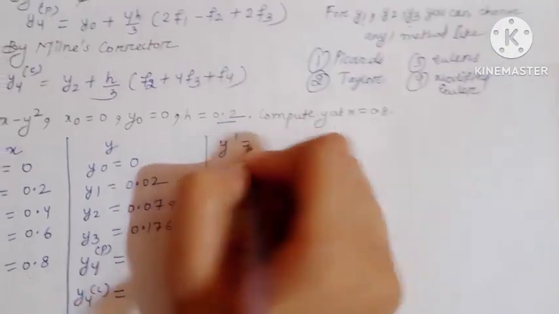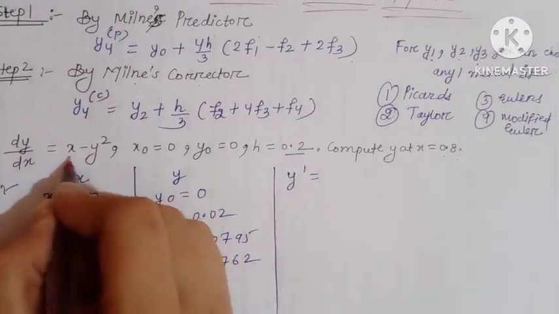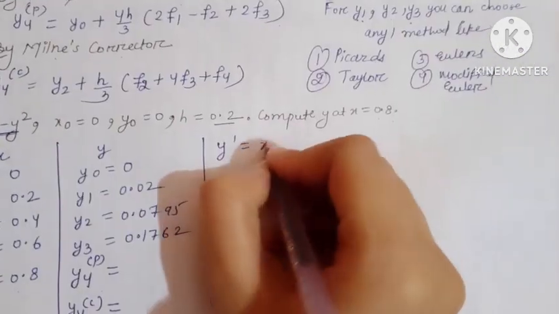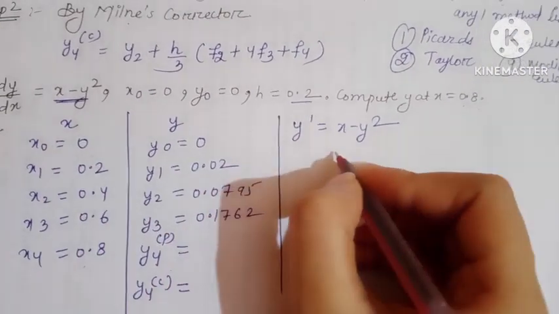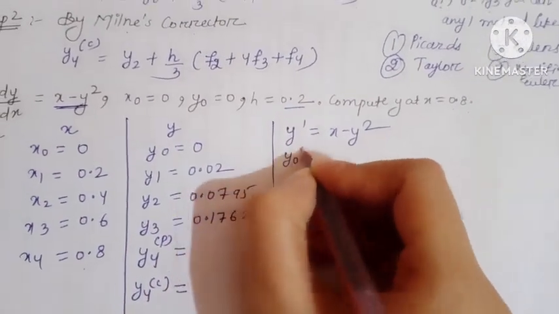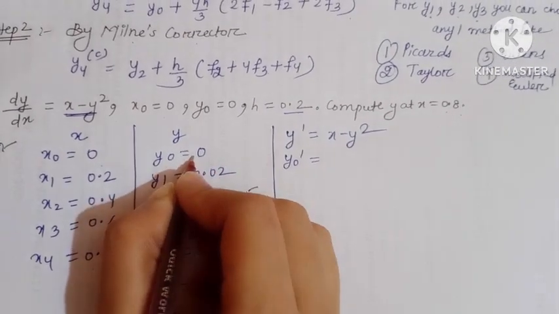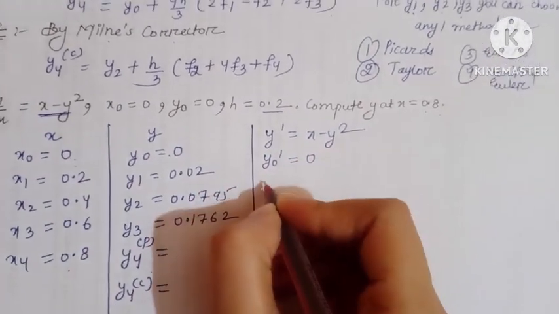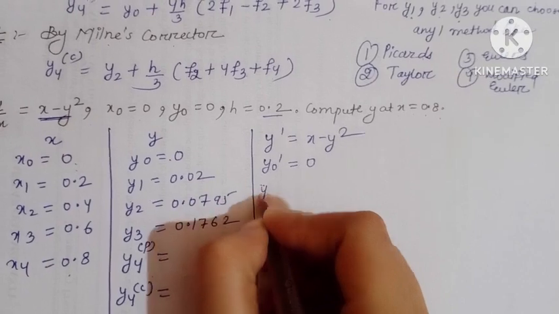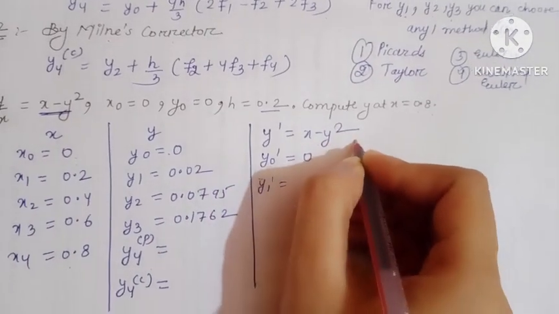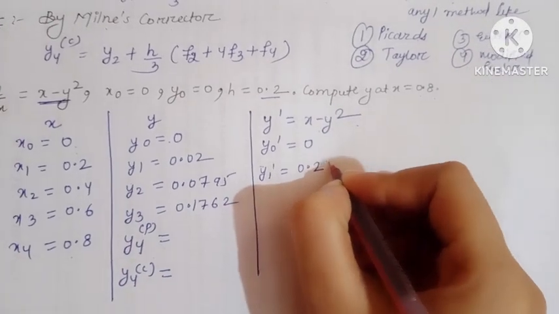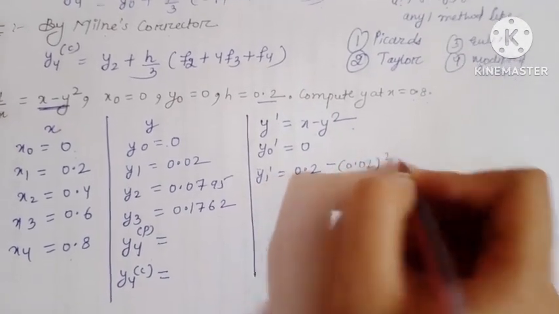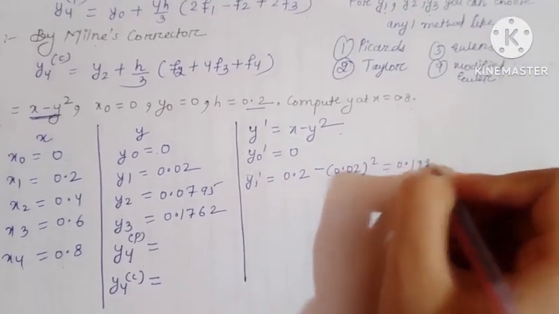And y dash is equal to x minus y square. So y0 dash will be 0 minus 0 square, which is 0. Y1 dash will become x minus y square, so x is 0.2 minus 0.02 the whole square, which is 0.1996.